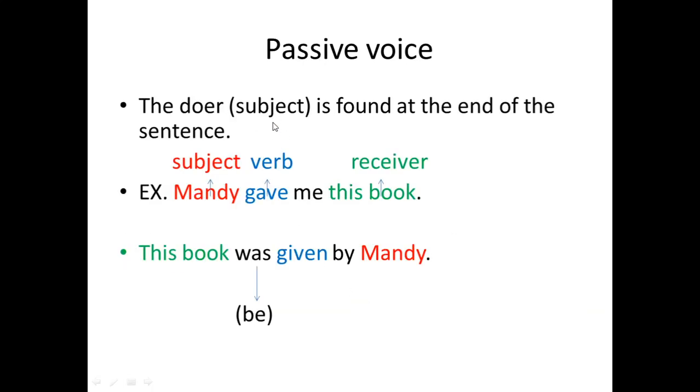Look at this example. Passive voice. The doer, which is the subject, is found at the end of the sentence, as we discussed. Another example. Mandy gave me this book. We all know Mandy is the subject, gave is the verb, and this book, or we can say just book, is the receiver of the action, which was done by the subject.